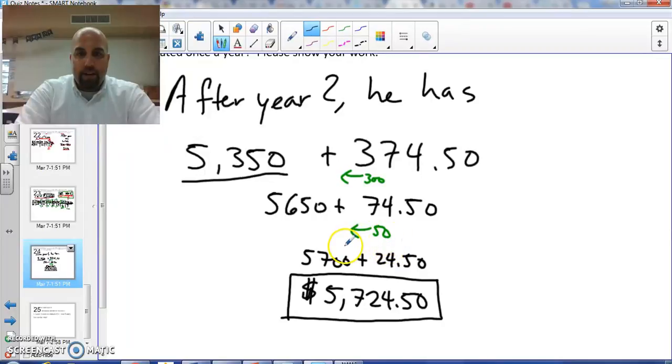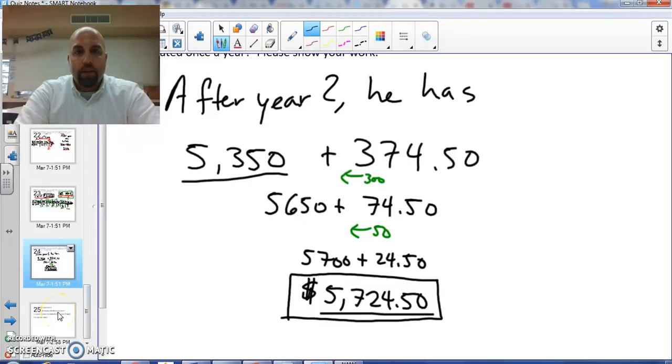I'm going to add 50 to make it easier for myself and get 5,700 plus 24.50. And then I'm going to add my last 24.50 to give me a total of $5,724.50, which was the answer for what my nephew Nicky makes if he invests for 2 years at a fixed rate. Again, this was a simple interest problem.